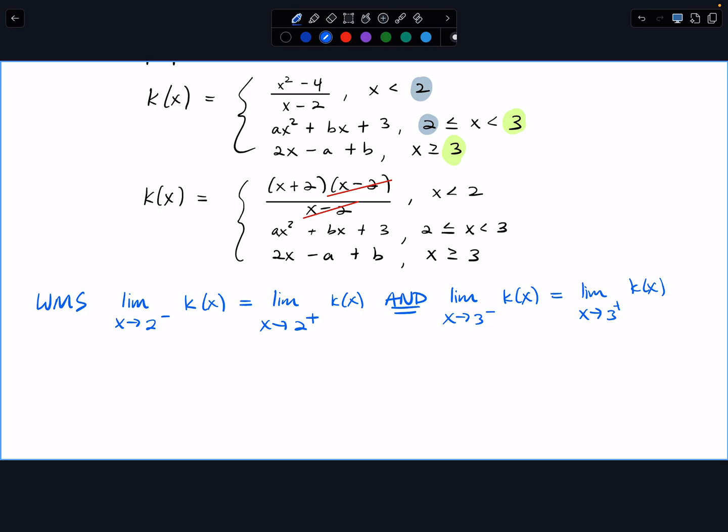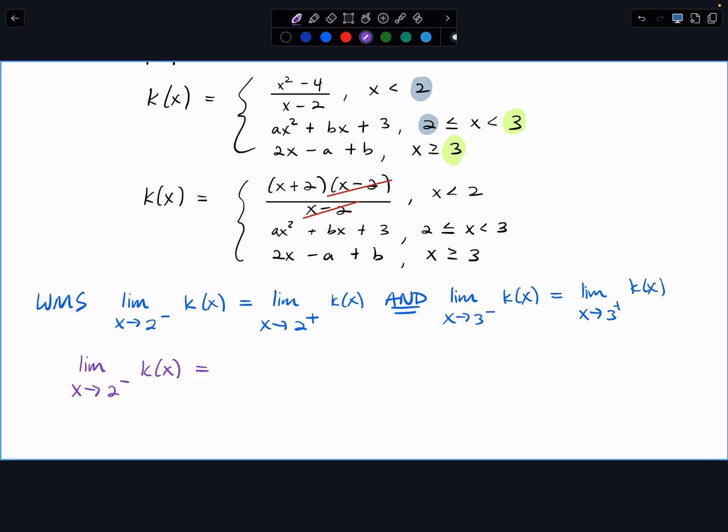So, the limit as x approaches 2 from the left of k of x, let's find that first. So we already factored this, right? I see a lot of you guys writing. I want to make sure I'm not going too fast.